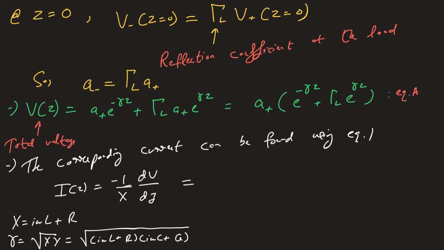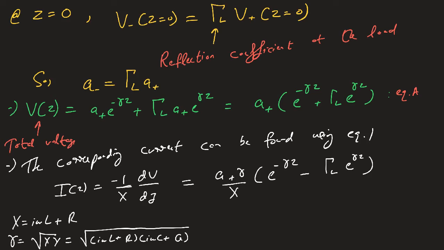So I then becomes equal to a plus gamma over x times e to the minus gamma z minus capital gamma L e to the gamma z. Now we know that x is iota omega L plus r, gamma is square root of xy, so that's what I is.